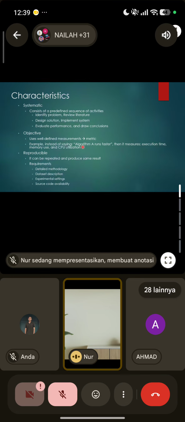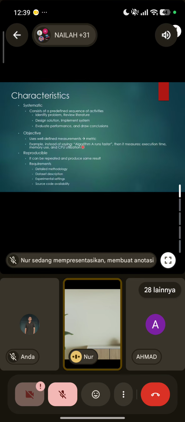Now, the third one, as I told you, is only for computer science. It is called reproducible. It can be repeated.